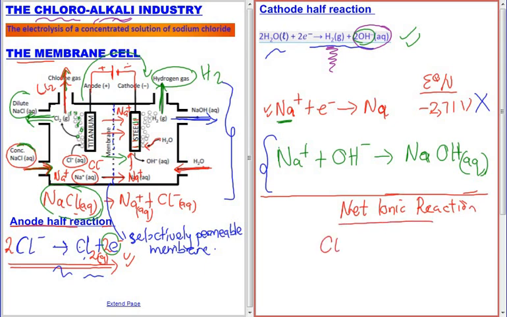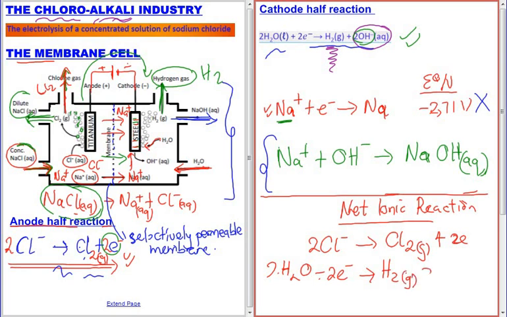So that was chloride going to chlorine gas, giving you 2 electrons. Well, what was happening at the cathode? Well, water wasn't having a chance there, so there was water getting 2 electrons as well, and giving us hydrogen, and what else? The 2 hydroxide.